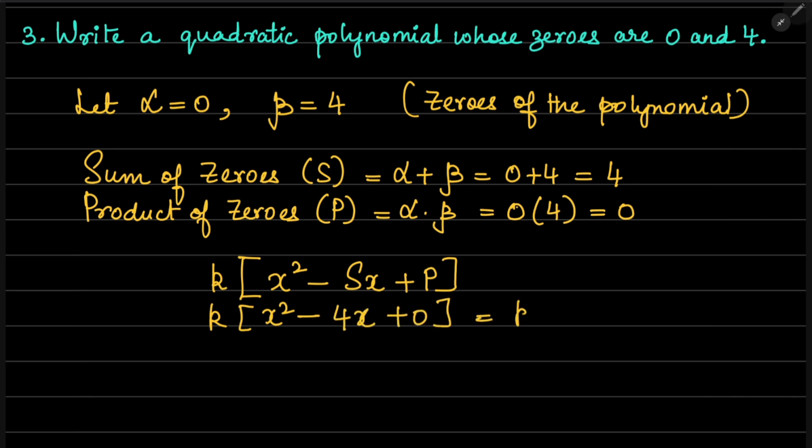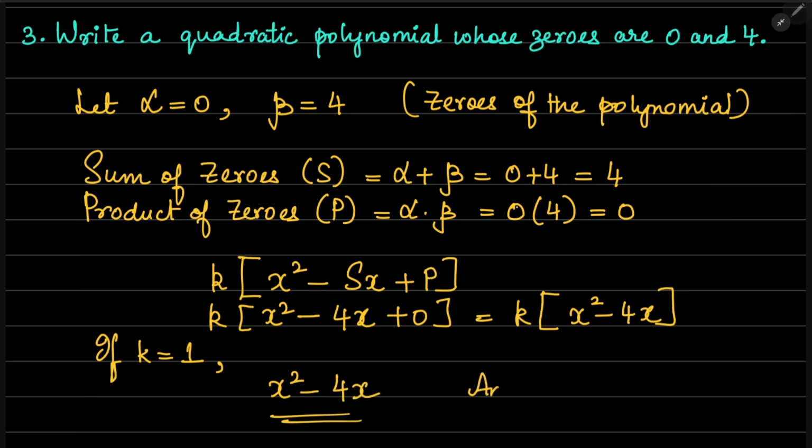So this will give you k multiplied by x square minus 4x, right? And if k equal to 1, you can take any value. What will be the polynomial? 1 multiplied by, it will just be x square minus 4x. That's all. This is your answer.